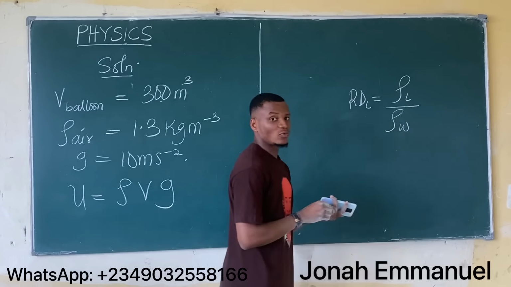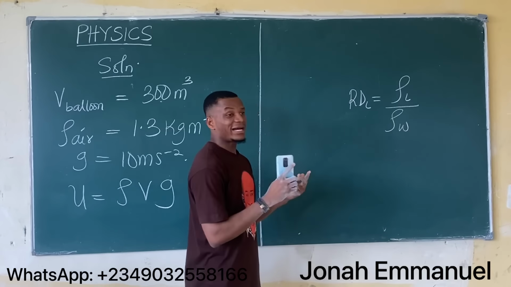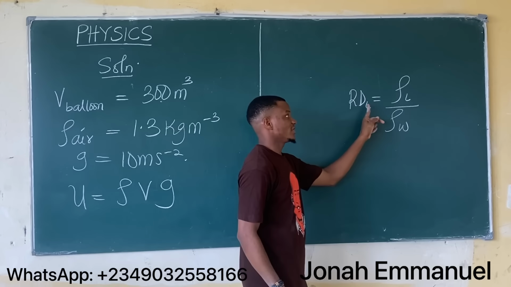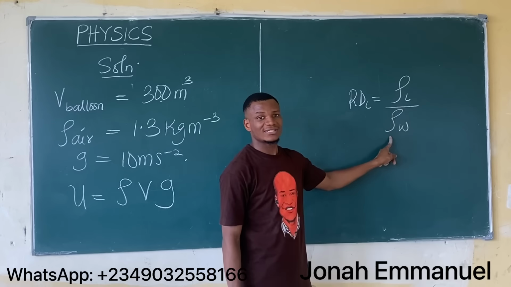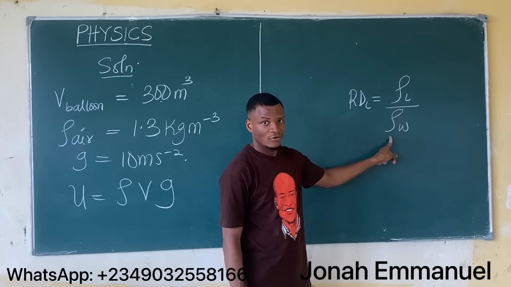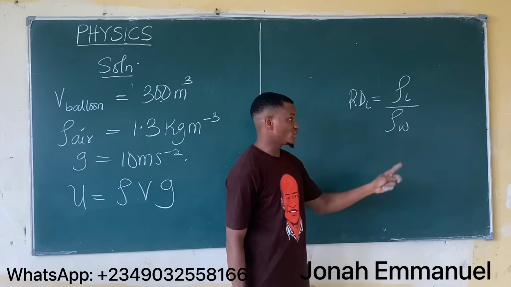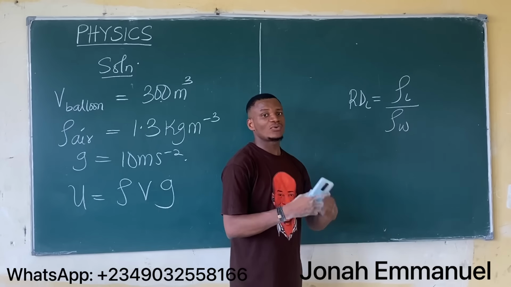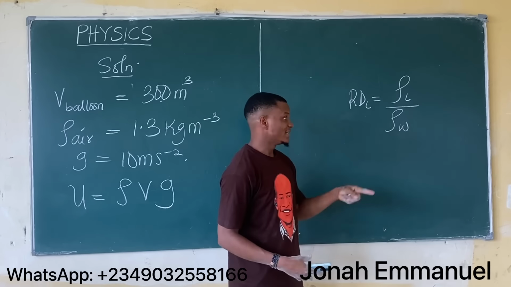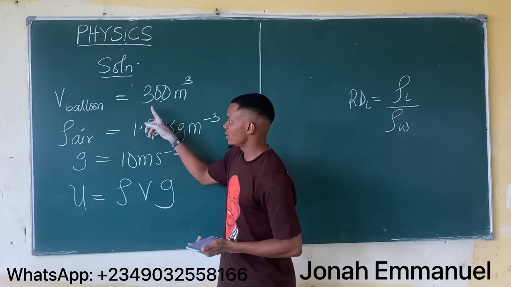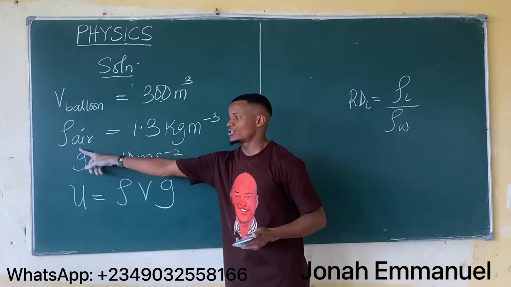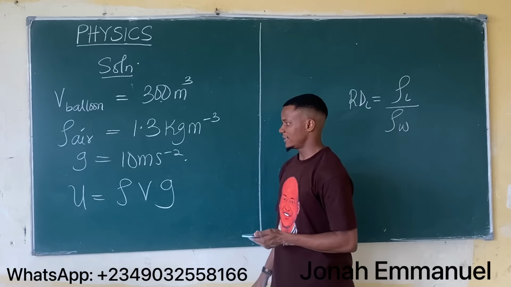Now this is for liquids. In the broader concept, relative density is equal to density of the substance all over density of what? A standard fluid. For liquids, the standard there is water, while if you're dealing with gases, the standard there is what? Air. That's why in this case, when you're given hydrogen, they give you density of air. And that's the idea there.